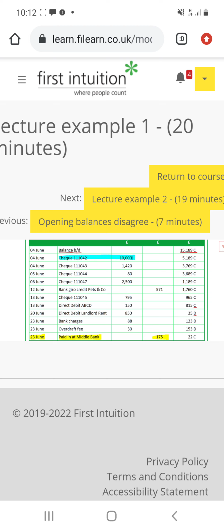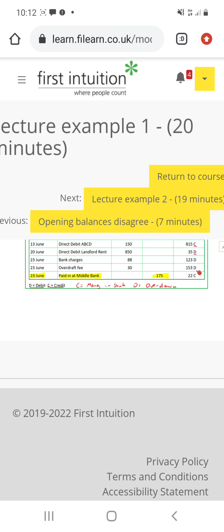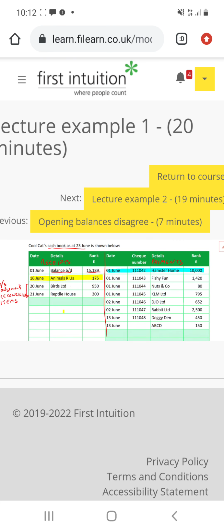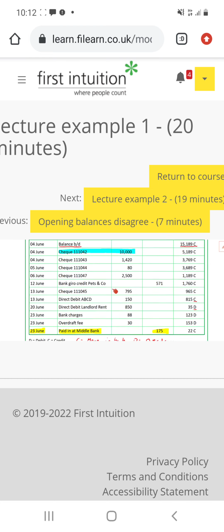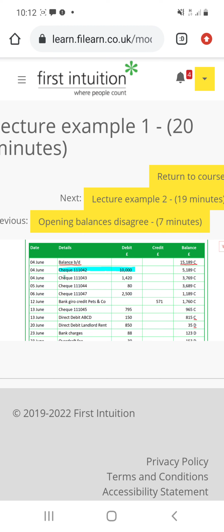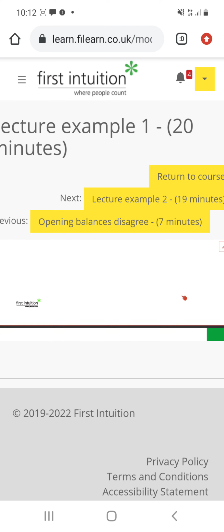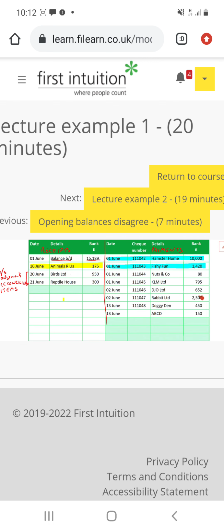Next, can I find cheque 11043, 1420 to Fishy Fun, on my bank statement? Yes, I can. You just keep running down your cash book, asking which items we can see on the bank statement. I won't keep scrolling, because if you're watching this on a screen or tablet, you'll start feeling seasick.